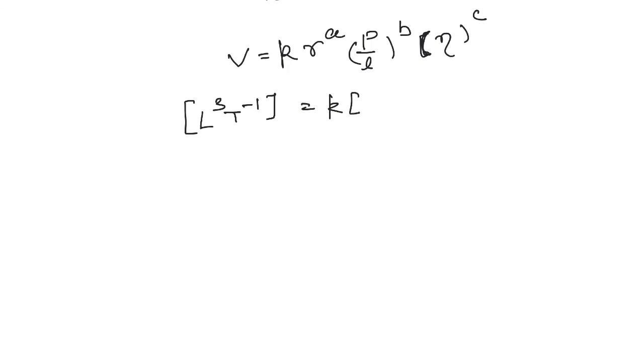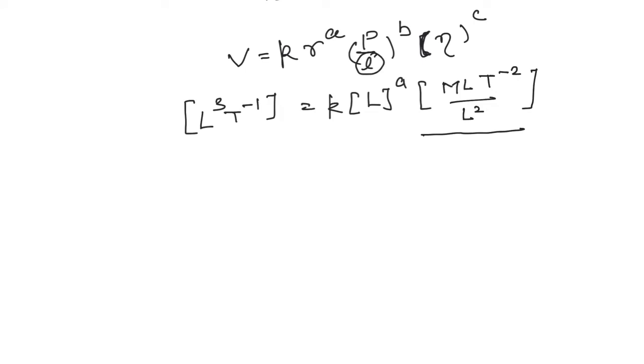Class, what is radius? Length, L to the power A. Class, what is pressure? That is force divided by area: M L T minus 2 divided by L square. And class, what about this length? Length is L. Solve this separately, what will you get?